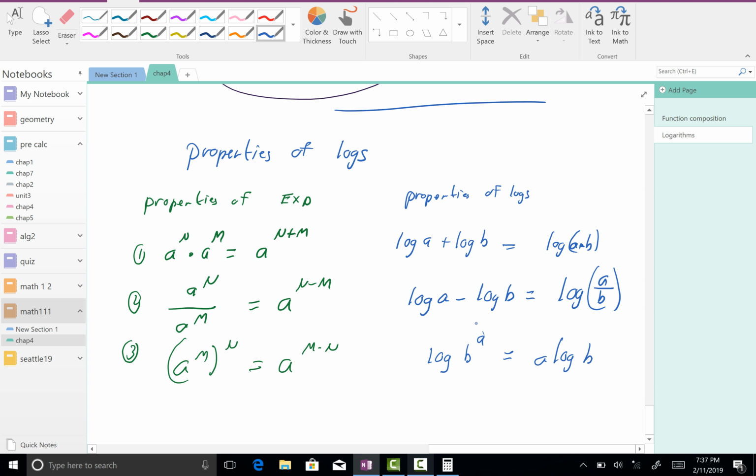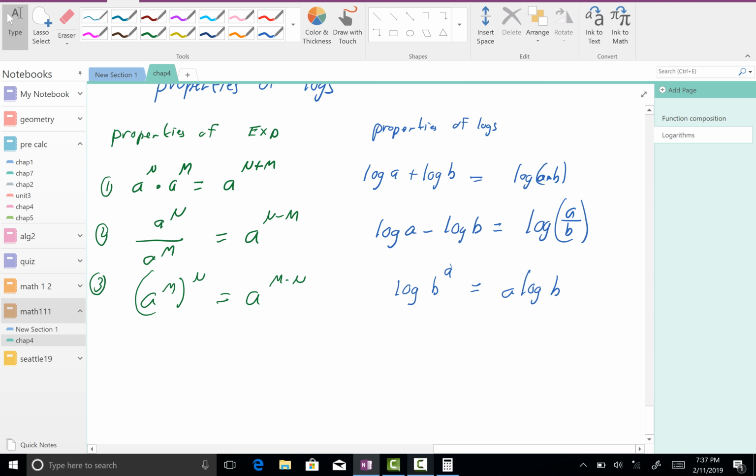So those are our properties of exponents. Now they add a couple more in the book. Okay, I'll just put them down here. If we have a to the log base a of m, then basically what happens is these a's cancel out and you just get whatever m is. Okay, you hardly ever use that property, but they mention it.